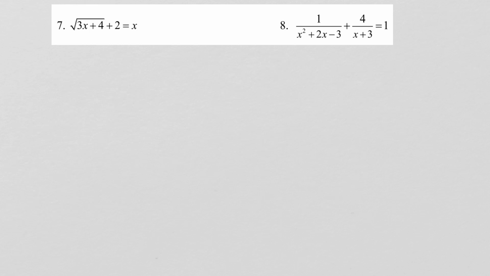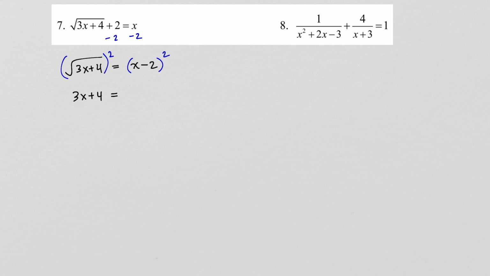In the next equation, we have a radical, and the easiest way to deal with the radical is usually to get the radical by itself. So I'm going to subtract 2 from both sides. This will give us the square root of 3x plus 4 is equal to x minus 2. And now I'm going to square both sides, because when you square the radical, that's going to cancel it out, which will give us 3x plus 4.